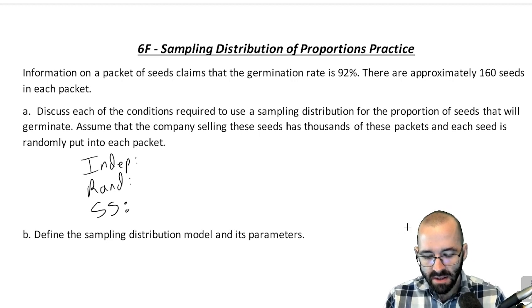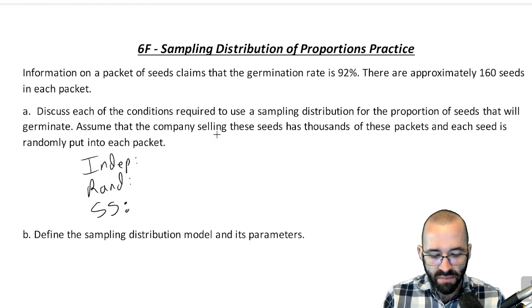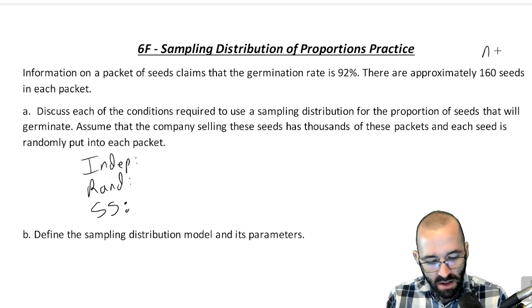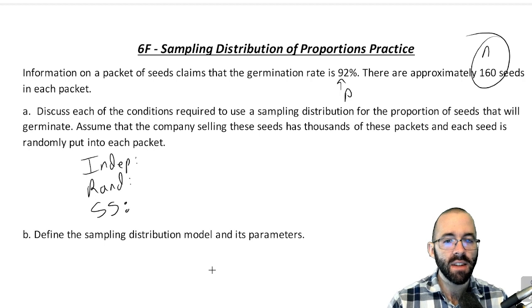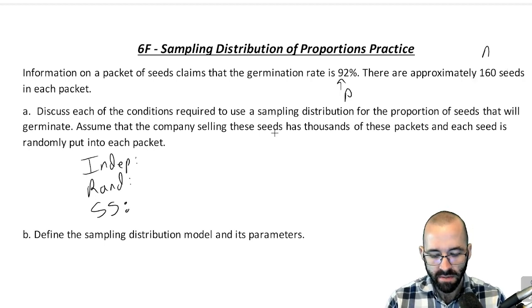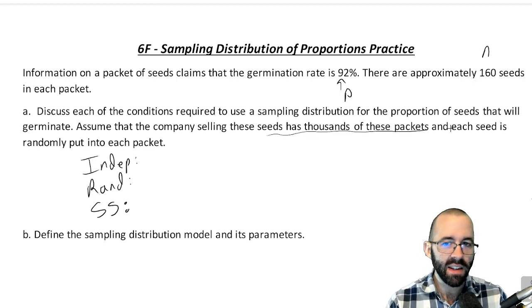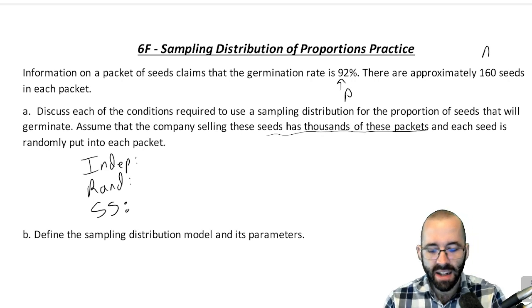Well, independence, we're only looking at 160. That's our sample size. Germination rate is our population proportion, is what we're assuming. So is our sample less than 10% of the population? Well, if the company has thousands of these packets, then yes.